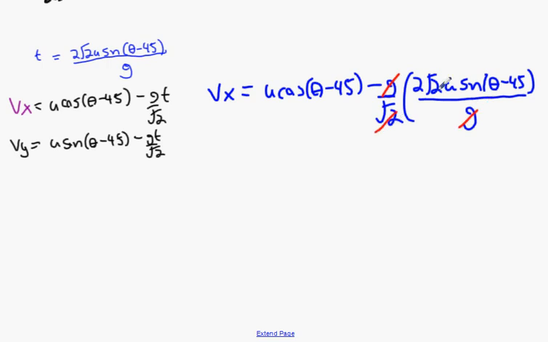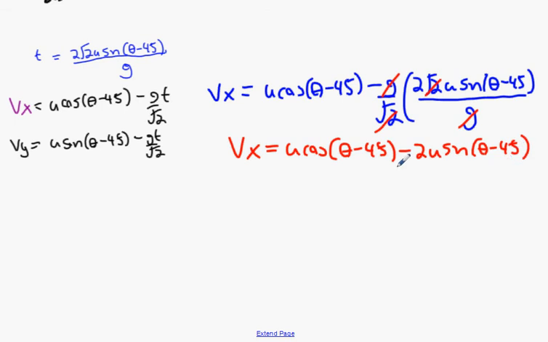Root 2 cancels with root 2, and I'm going to get that phi x is u cos(theta minus 45) minus 2u sin(theta minus 45). That's still pretty large and pretty complex, okay? I'm going to go to phi y now, do the same trick.